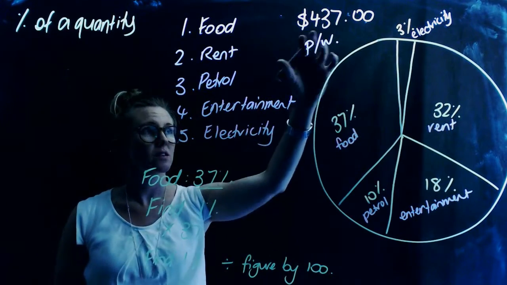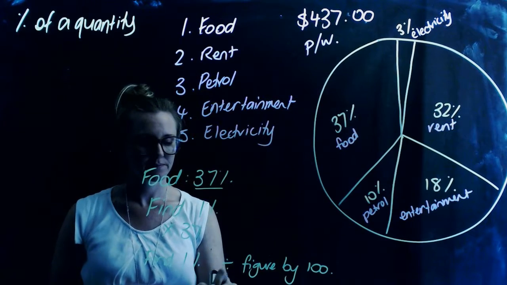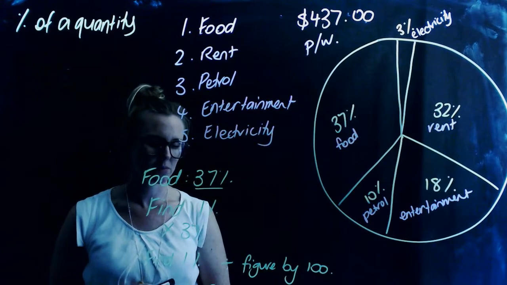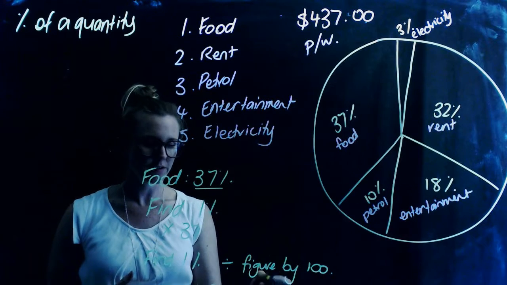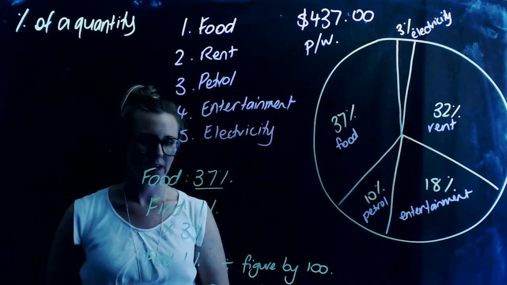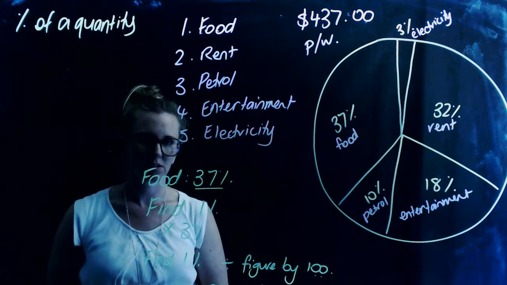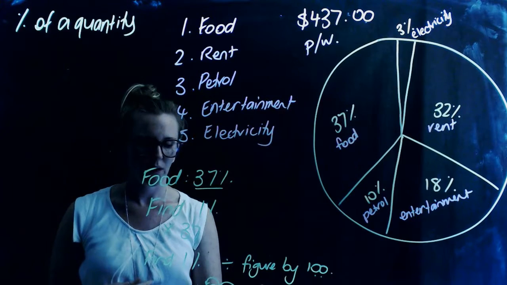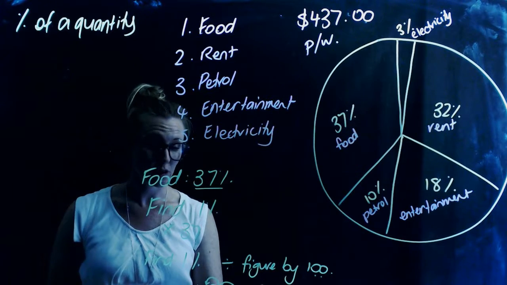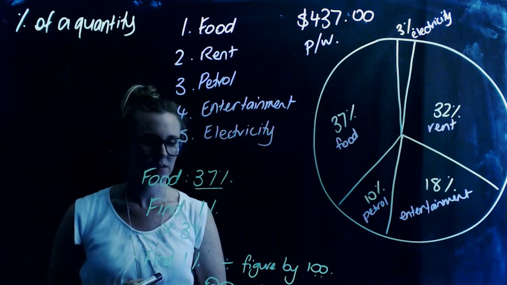So in this case, 437, there's my decimal point. If I'm dividing, I'm going to the left, and I'm going two places in this case because there's two zeros. We've done this before. 1, 2. 1% is $4.37.